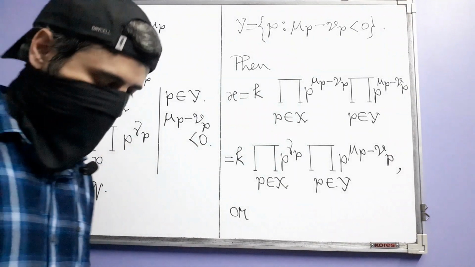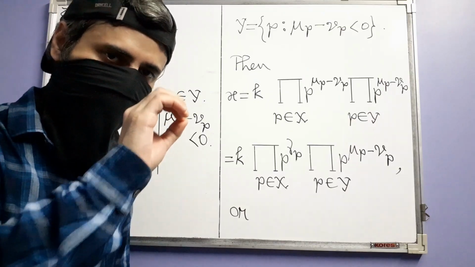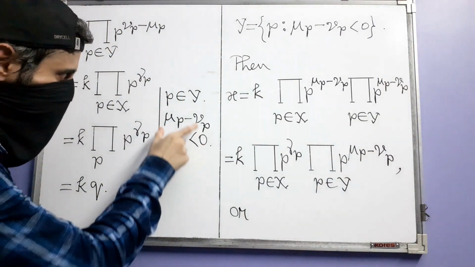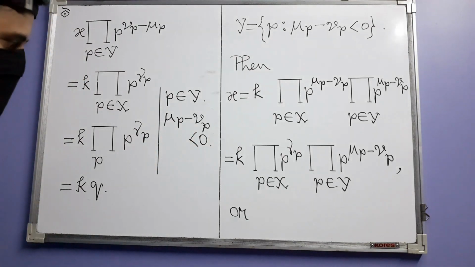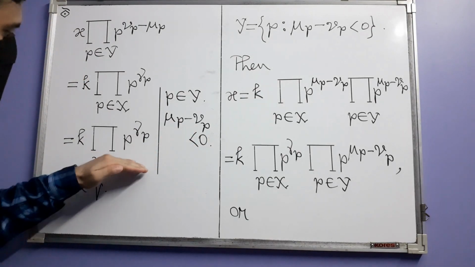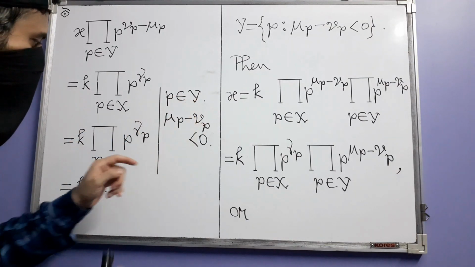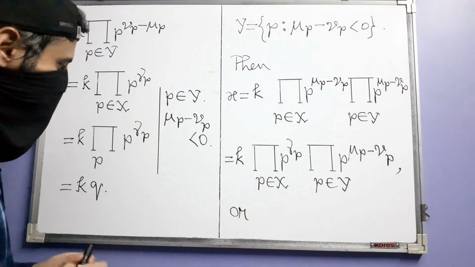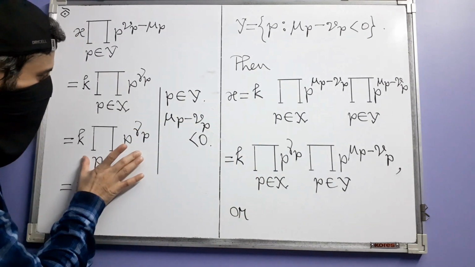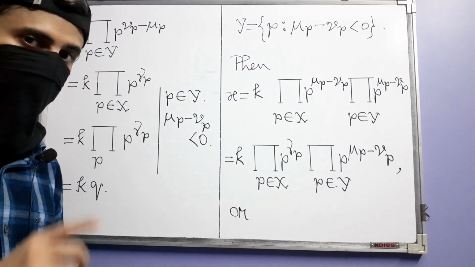Gamma p by definition is the maximum of mu p minus nu p and 0. For this type of primes, that maximum is 0, which means that if we are additionally considering those primes here which come from Y, for those primes the exponents are 0. So that is why this product is in fact equal to this product. Note one more thing.